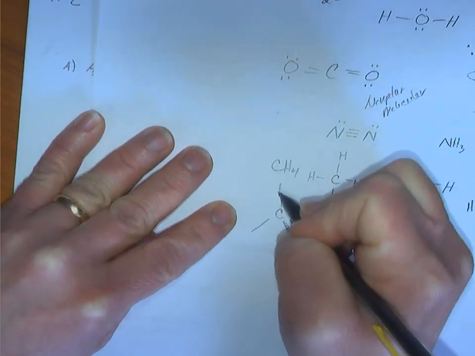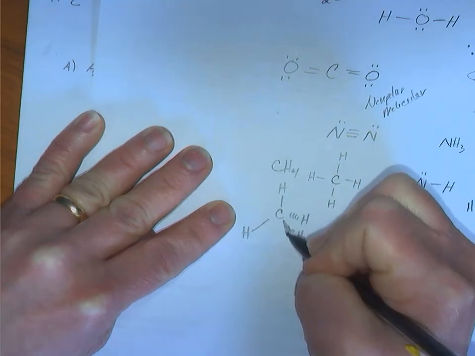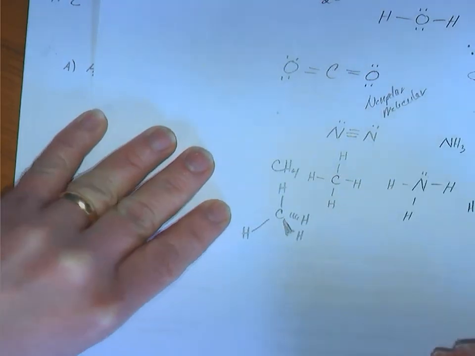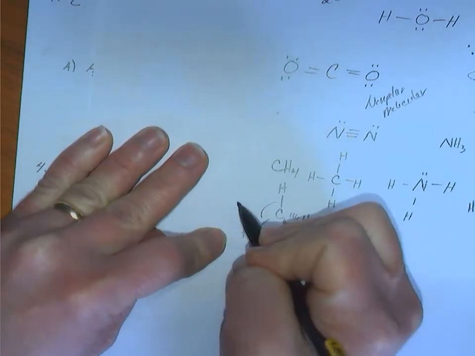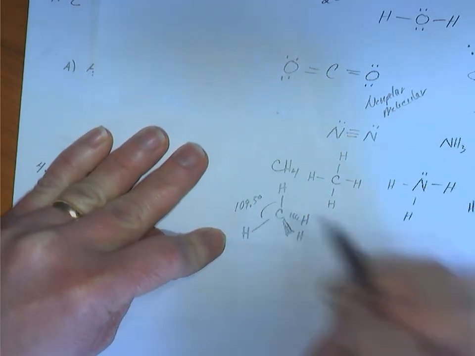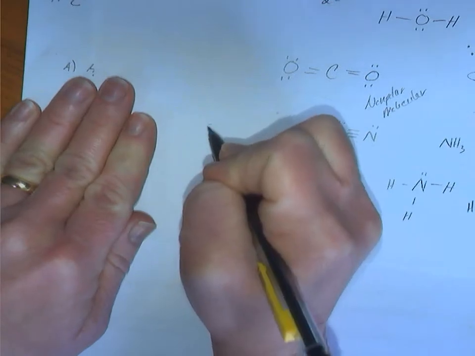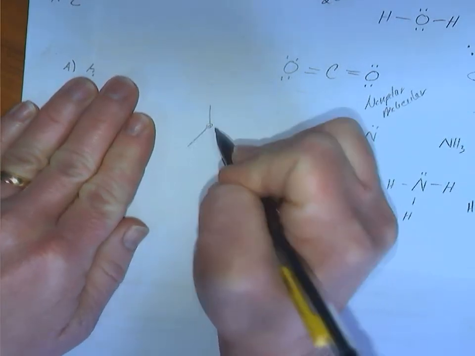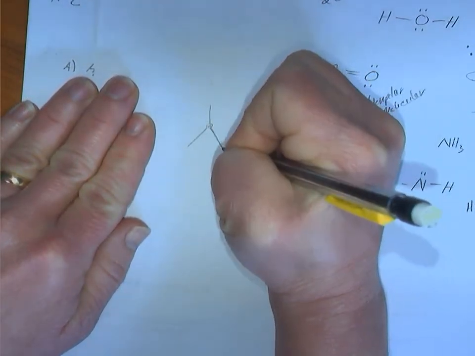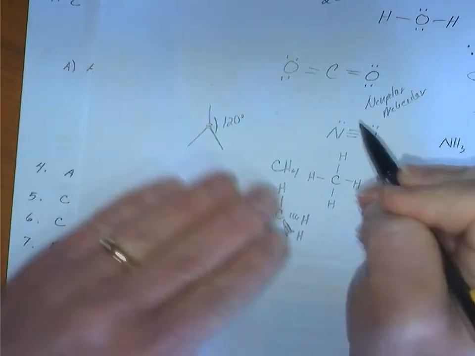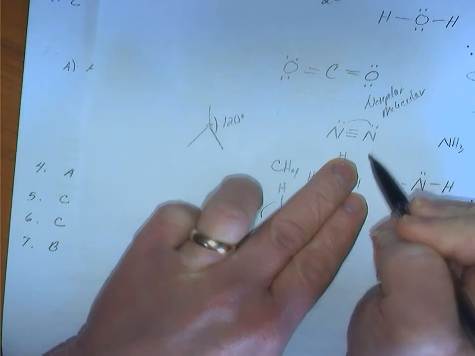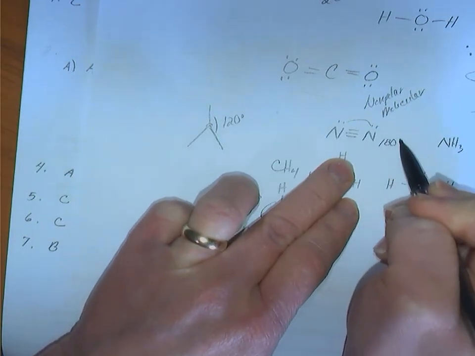Of course, this will be non-polar because the electron density is distributed equally. Just a reminder too, that the bond angle of tetrahedral is 109.5 degrees. For trigonal planar, it's 120. Of course, a linear geometry, like here in the N2, is 180 degrees.